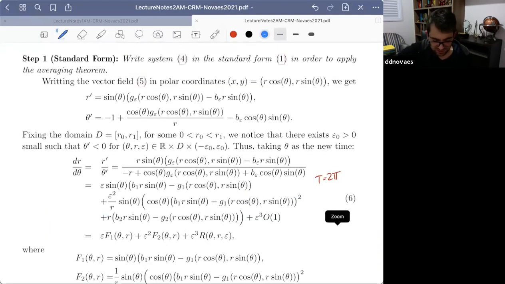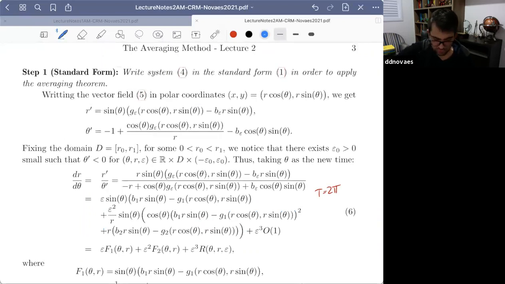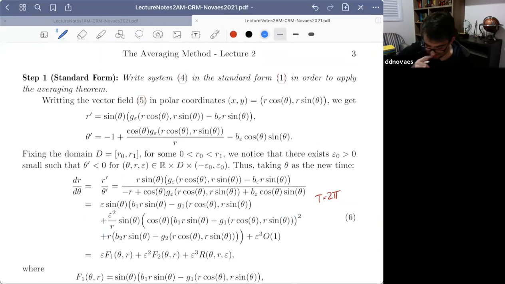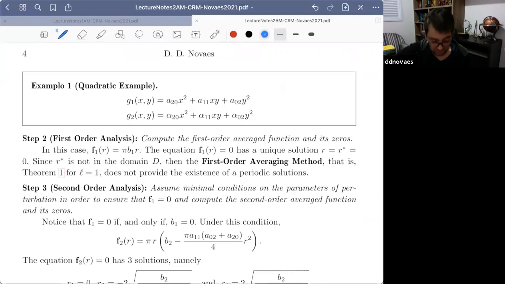Well, so this is the first step. During this lecture, I will come back to this example, and I'm going to skip this step, because it always works. So let us concentrate on a more specific example.